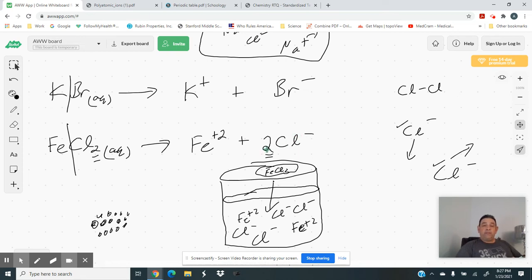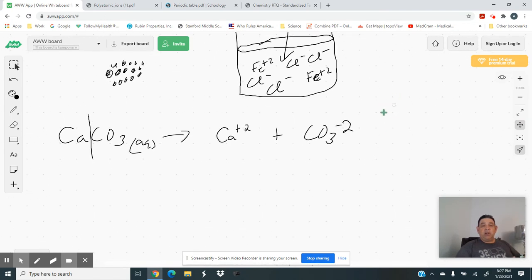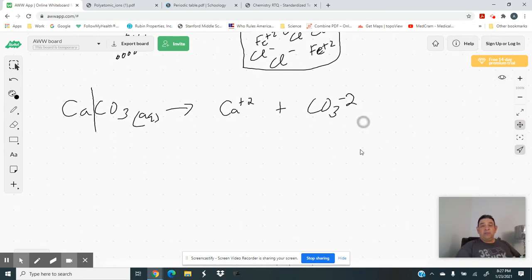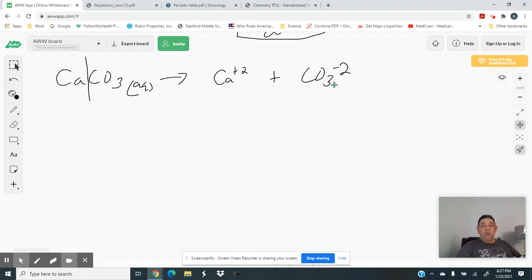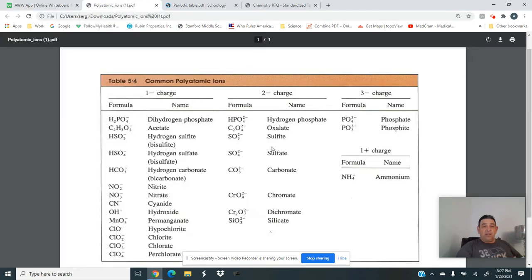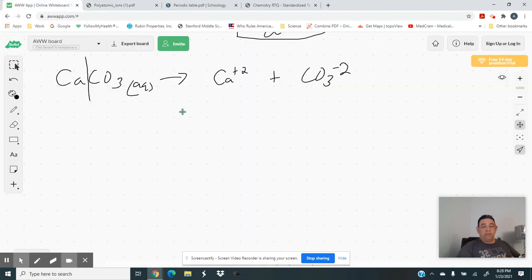The 2 in front tells you that each of these separates on its own. For the carbonate, there's just one carbonate. There are 3 oxygens in it, but just one carbonate. So we keep the 3 down here because it's part of the polyatomic ion. Whenever you see a polyatomic ion with subscripts in it, don't separate it from the rest of the formula.